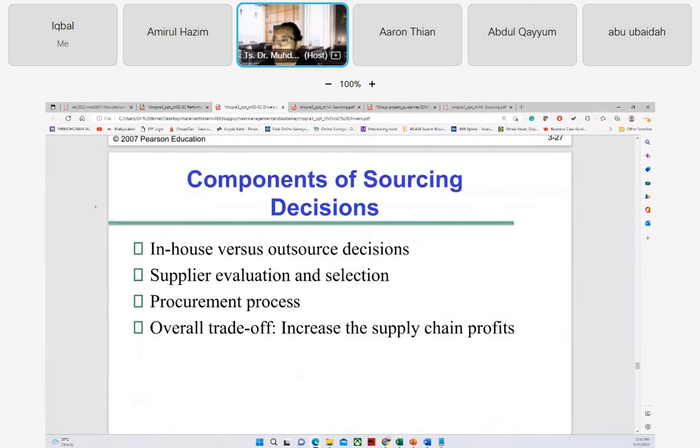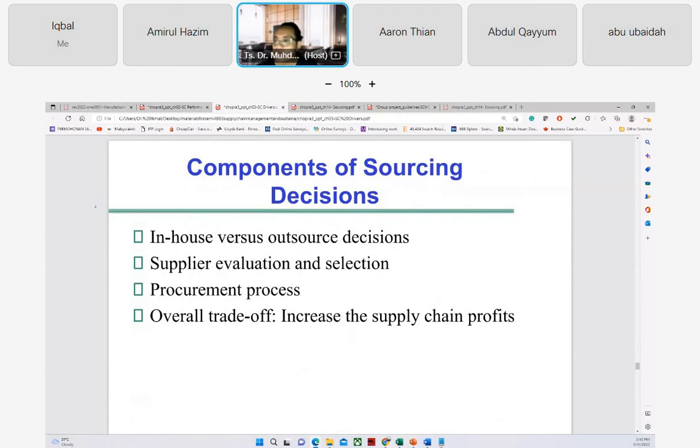Okay, so component of sourcing decision. So in-house versus outsource decision, supply evaluation and selection, procurement process. So you have to understand that before you go for decision of having a single sourcing or maybe multiple sourcing, you have to have the suppliers evaluation and selection.